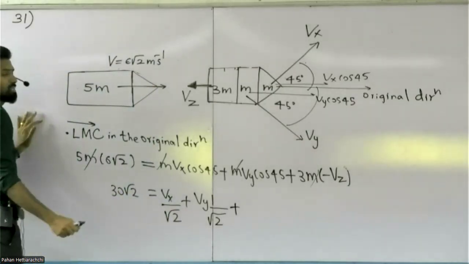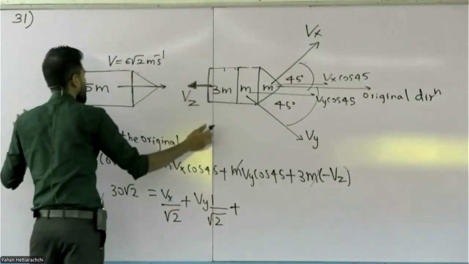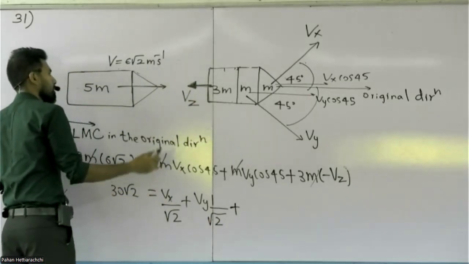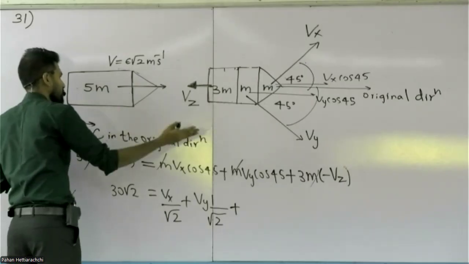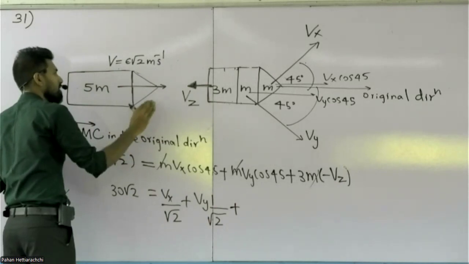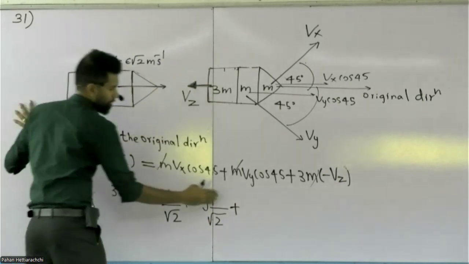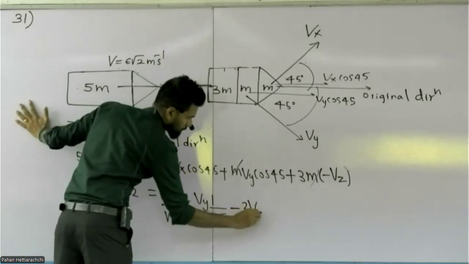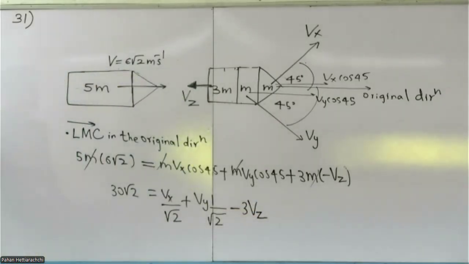Why minus Vz? They say the larger fragment moves in the opposite direction with respect to the initial direction. So when we apply LMC in the initial direction, as this 3m part is moving in the opposite direction, its velocity is minus, giving 3m into minus Vz, that means minus 3 Vz.